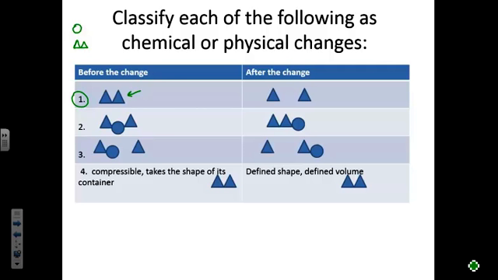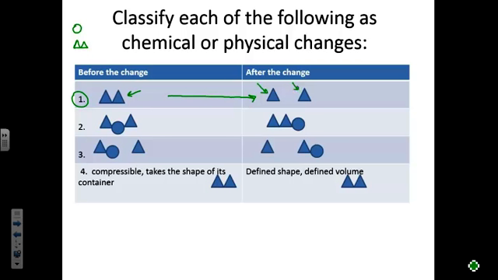So when I look at number 1, I have 2 triangles. So I have 2 atoms of the same type and they're connected. So that tells me that I have a molecule. And I can see that I take that molecule, and as I go from before to after, now I have 2 triangles and they're separate from one another. See, there's one, there's one.